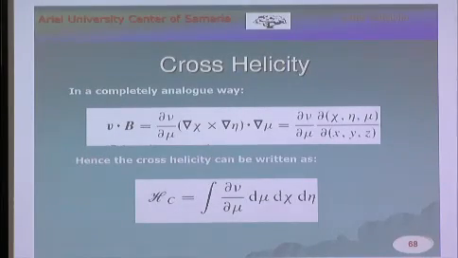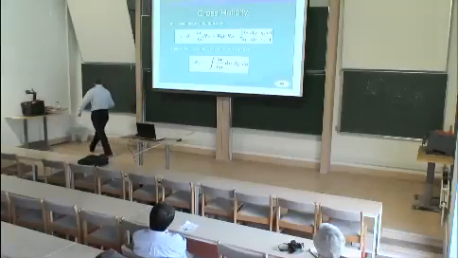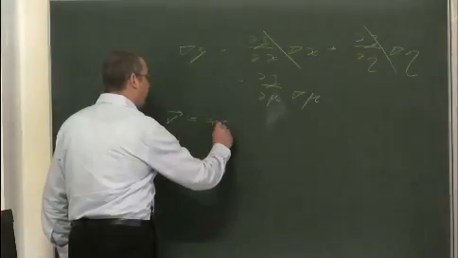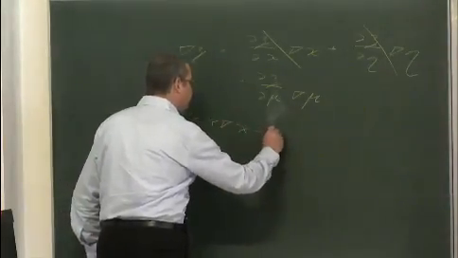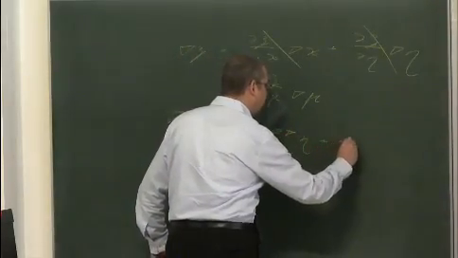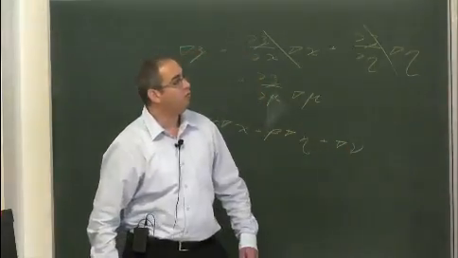Now let's look at the cross helicity. Here you have V dot B. Now V is given in terms of the generalized Clebsch representation. Let me remind you what this is. It's alpha grad chi plus beta grad eta and another function nu over here.